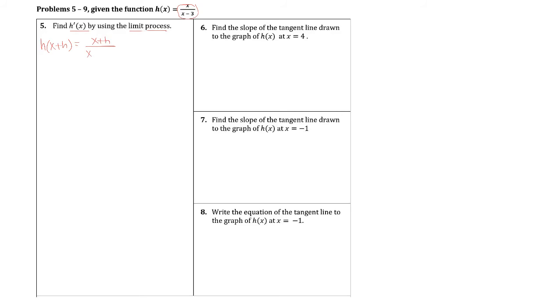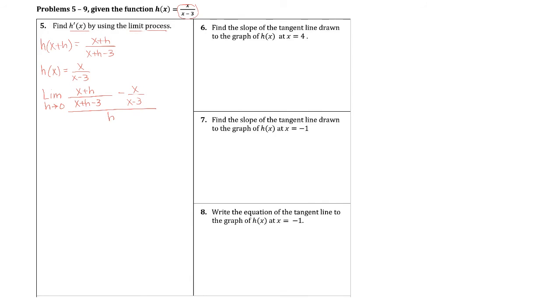In the denominator, I'm going to have x plus h minus 3. And then we need our h at x, which was x over x minus 3. Oh me. So keep in mind our limit as h approaches 0. This is our definition. It's going to be x plus h over x plus h minus 3, minus x over x minus 3, and all of that mess is over h.